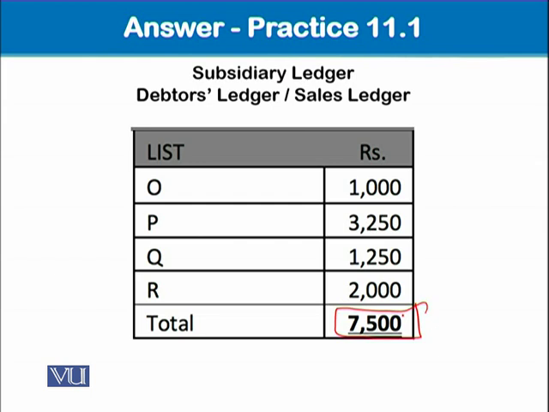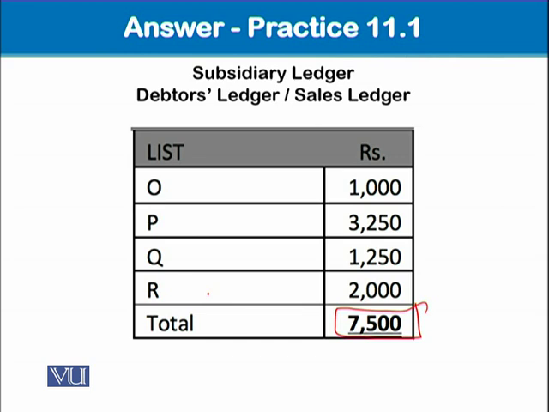We took these balances from the subsidiary ledger, individual ledger accounts, and you do remember that all these individual ledger accounts were prepared from the individual transactions recorded in the books of original entry.